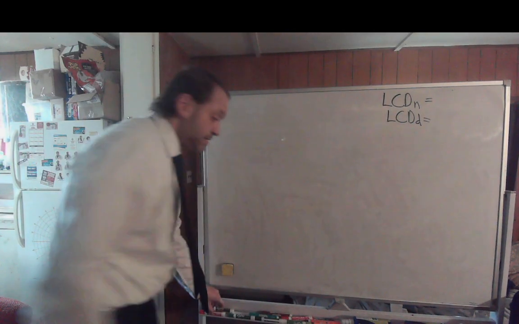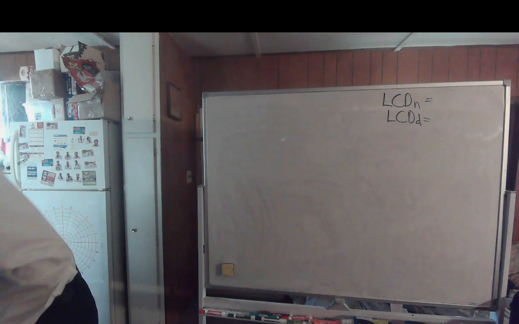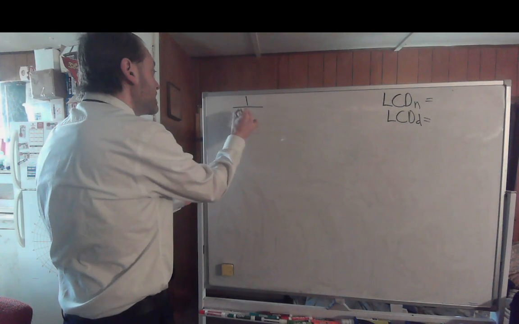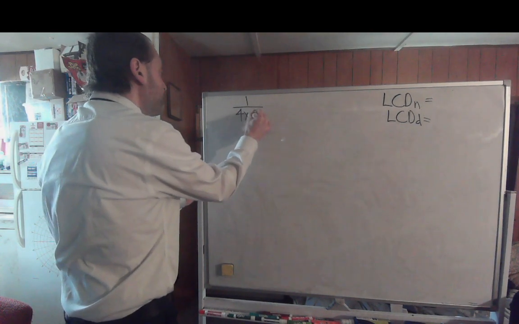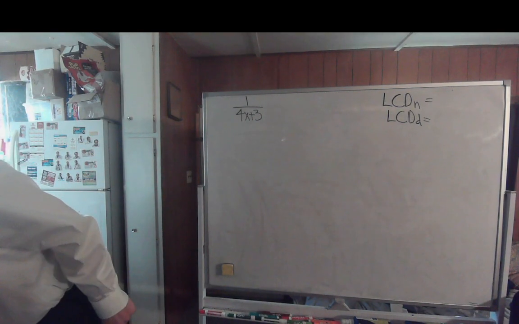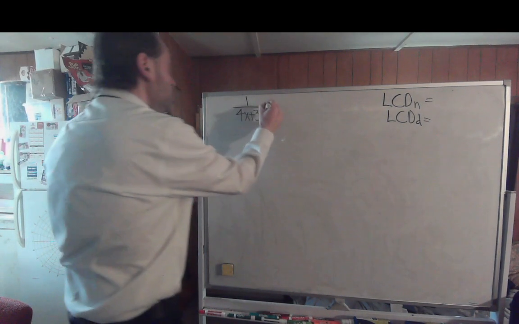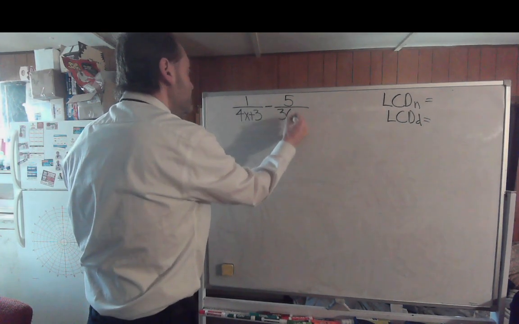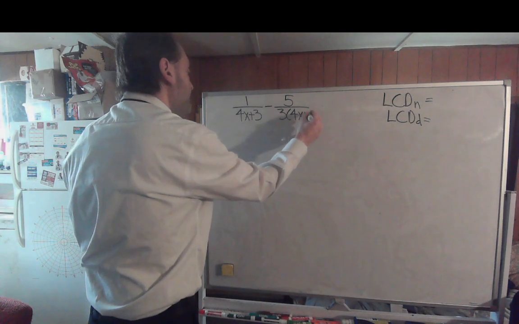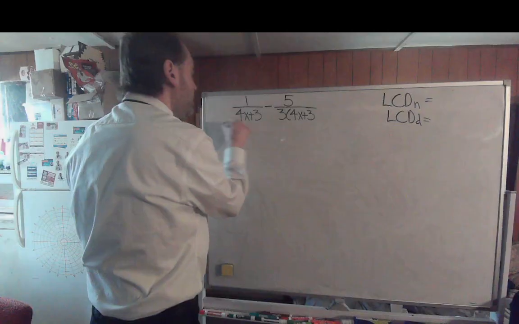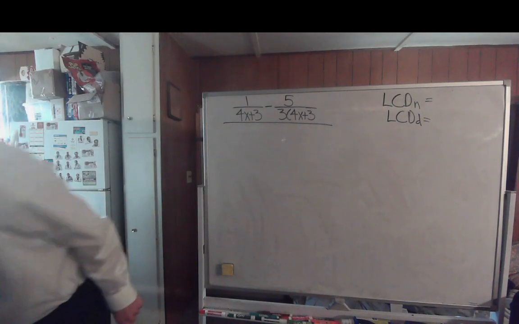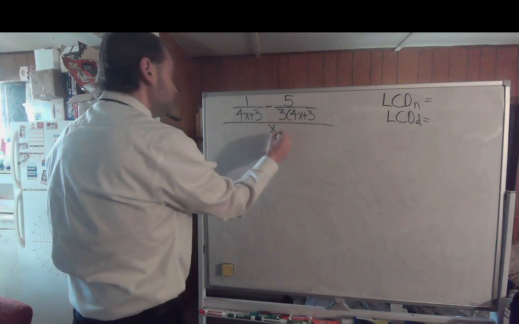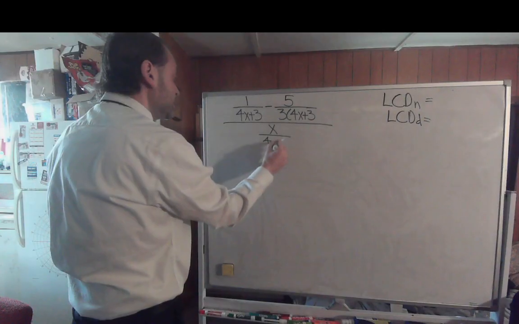All right. We have 1 all over 4x plus 3 minus 5 all over 3 times 4x plus 3, all over x all over 4x plus 3.